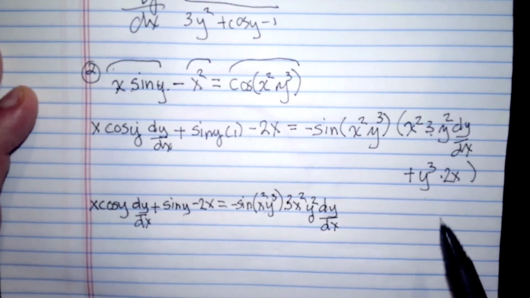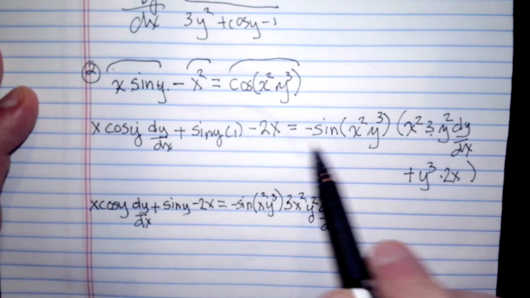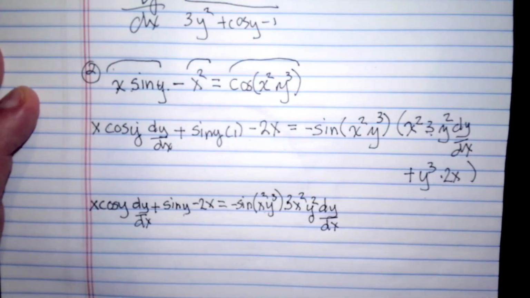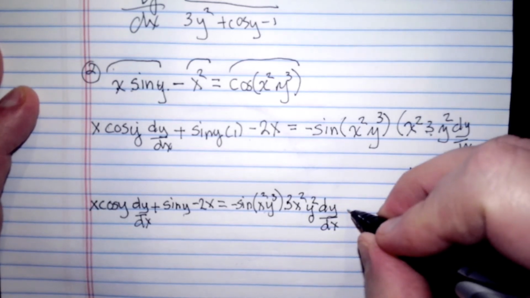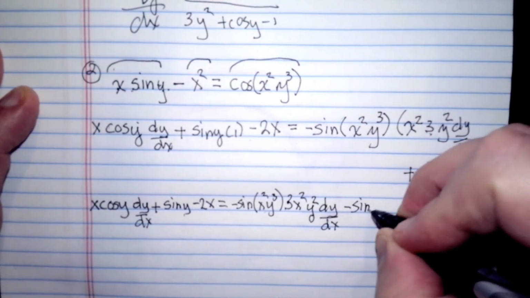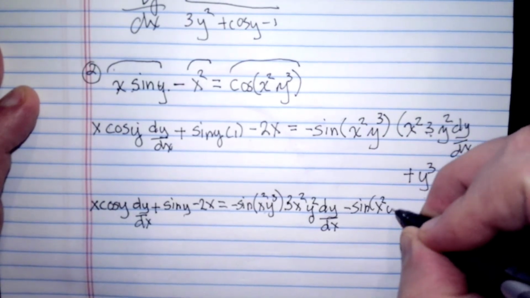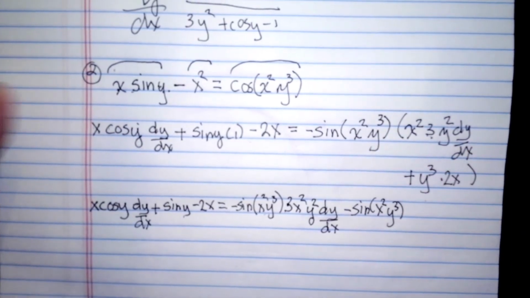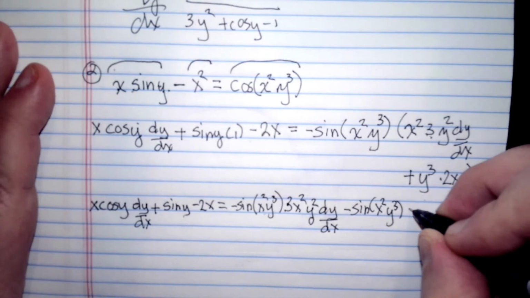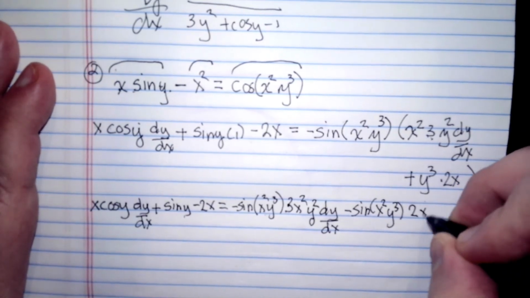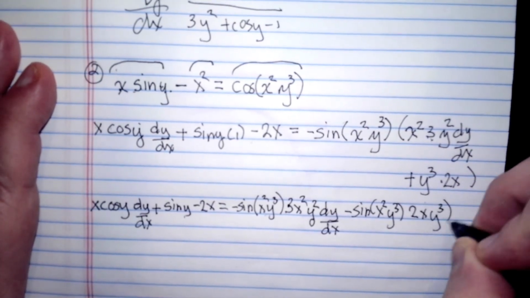And now we need to multiply the y cubed 2x by the negative sine x squared y cubed. So that would be minus sine x squared y cubed times 2x y cubed.